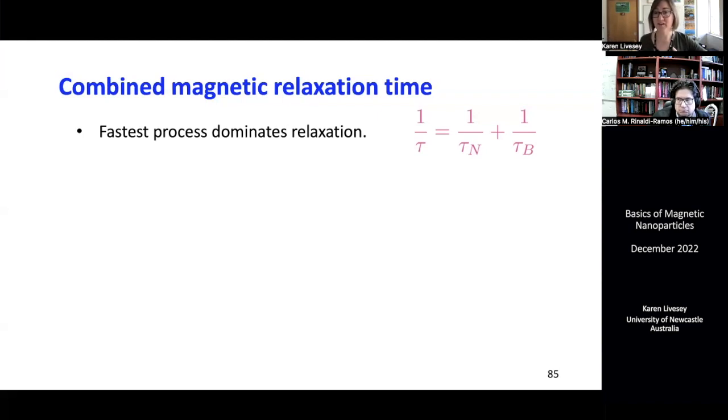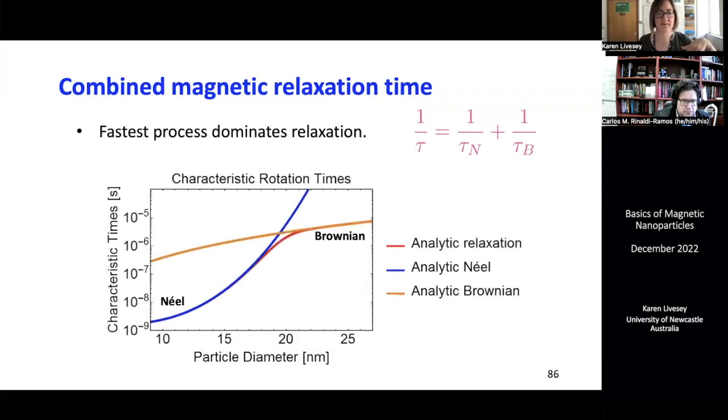So let's plot it. Let's actually plot the two expressions I gave you earlier for Néel relaxation and Brownian relaxation. I'm going to put on a plot as a function of particle size. Okay, so let me explain what's going on here. This is particle diameter on the horizontal axis, and this is some characteristic time in seconds on the y-axis.